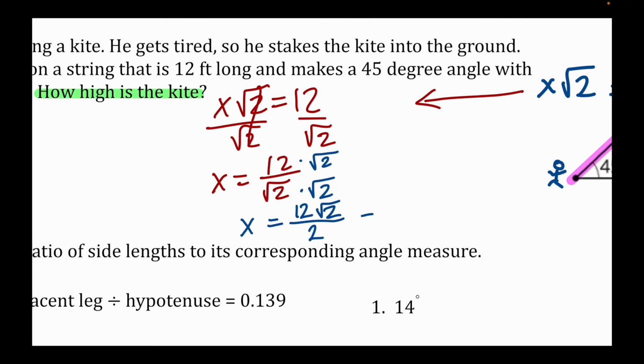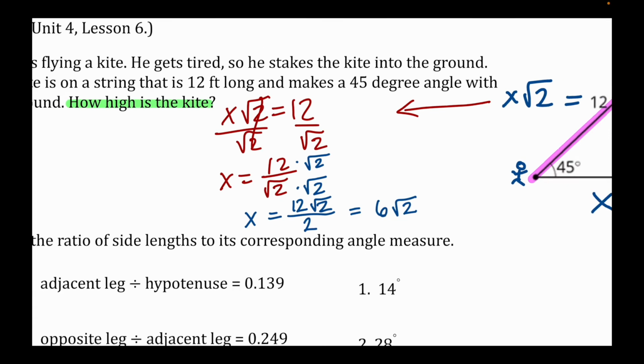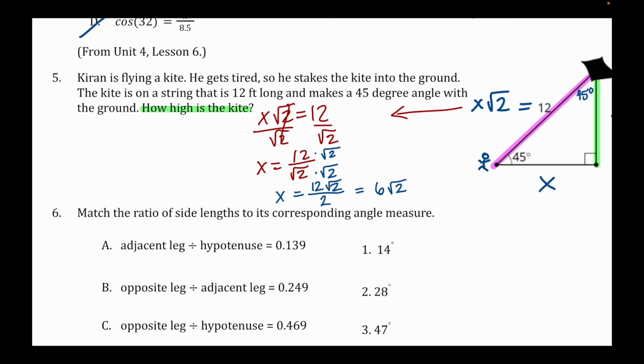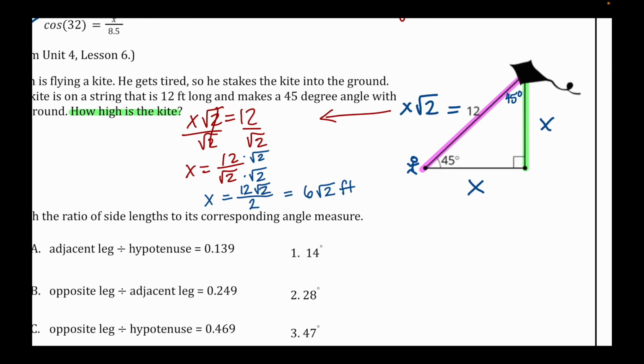And this would actually reduce to be 6 square root 2. And this would be feet. I'm actually going to plug that in and give you the decimal equivalent as well. And then you could very well just do opposite over hypotenuse. So you could do sine of 45 and use x over 12 for that.